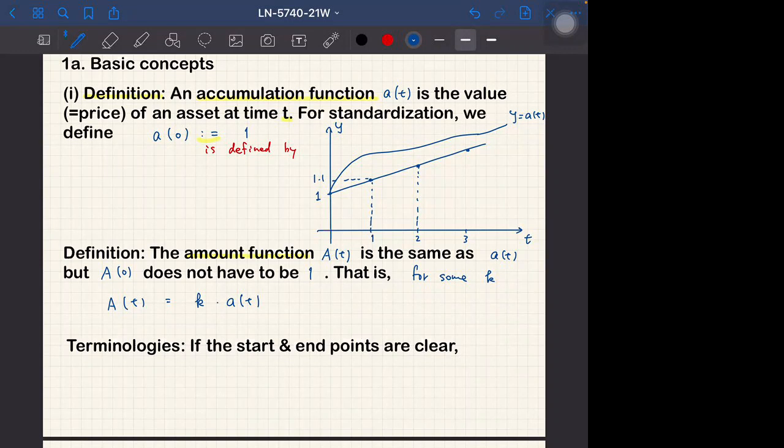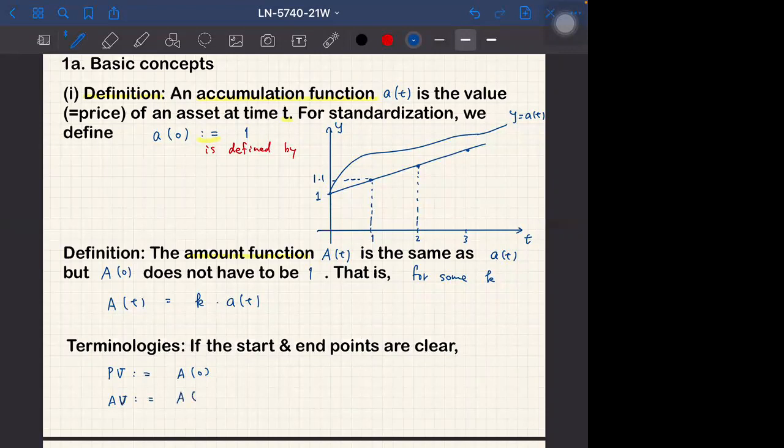Yes. And some terminologies. In some questions, the start and end points are clear. For example, if we think about a 30-year mortgage, the start point is today and the end point is 30 years from now. So in this case, we call capital A(0) the present value.